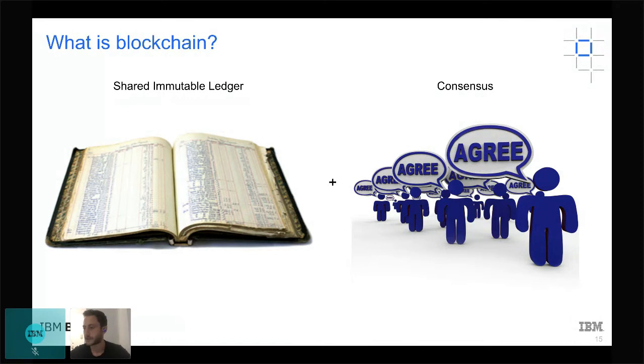In 2008, an anonymous person named Satoshi Nakamoto put out a white paper that talked about a peer-to-peer network where you can come to consensus, which is an agreement of multiple people together, to work together to transact, specifically transactions of money or currency across a digital network.